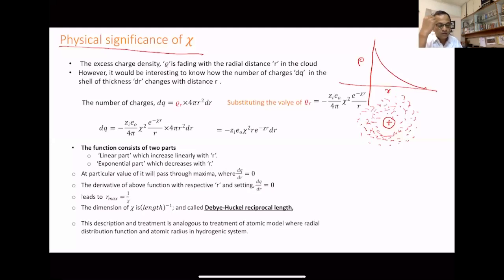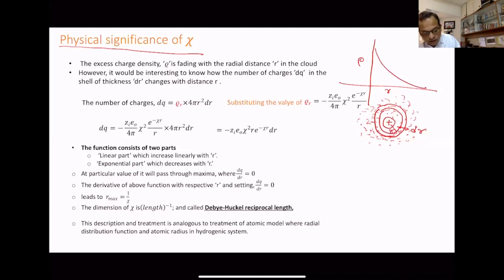Now, if I choose one such spherical shell in that cloud of thickness dr at distance r.